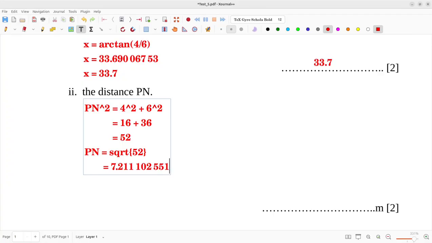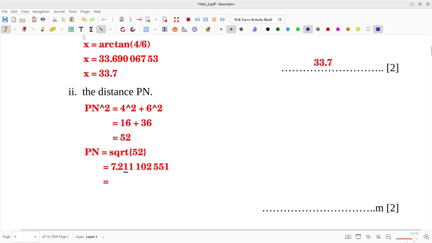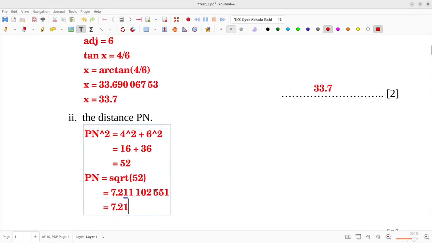Then rounding off to 3 significant figures, since it's an exact number, you are going to underline this number here. Since the next digit is less than 5, you are adding 0, so 1 plus 0 is giving us the same number, which is 1. So it's going to be 7.21 meters.